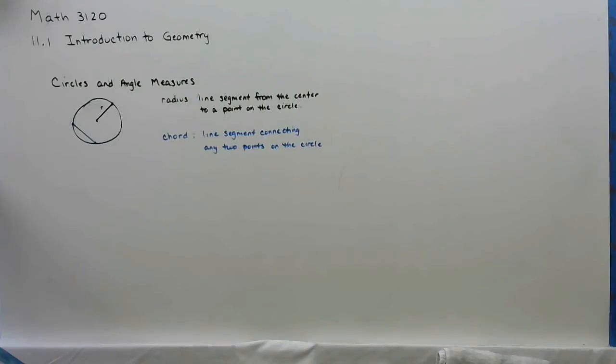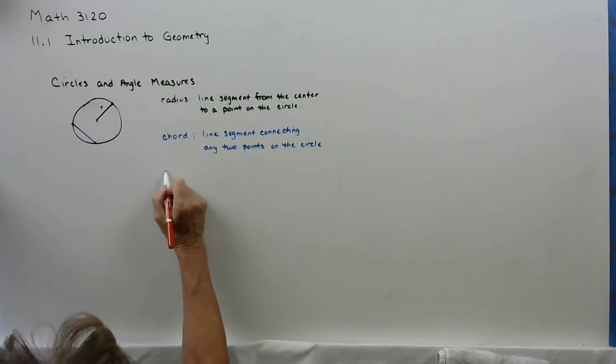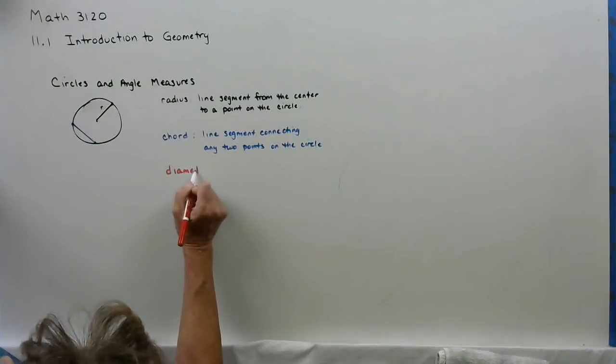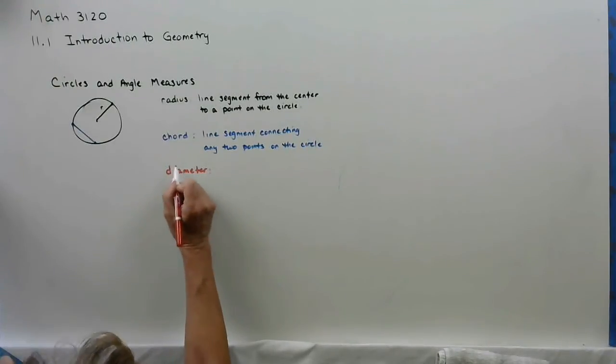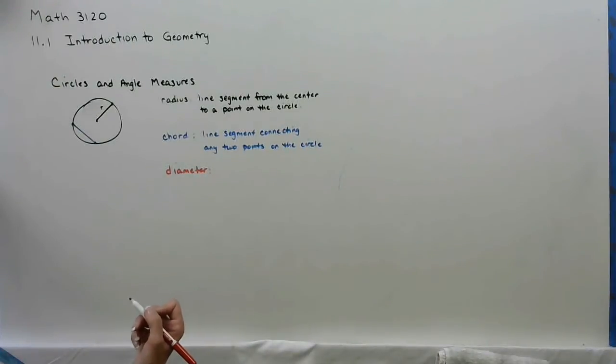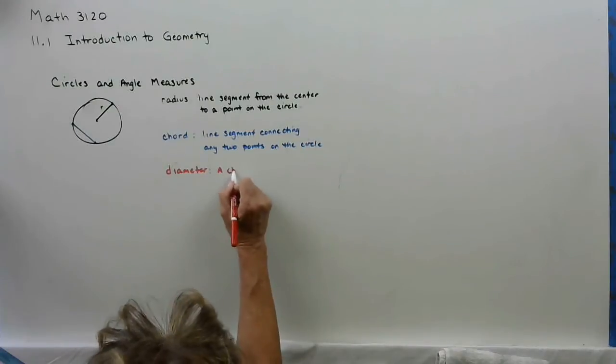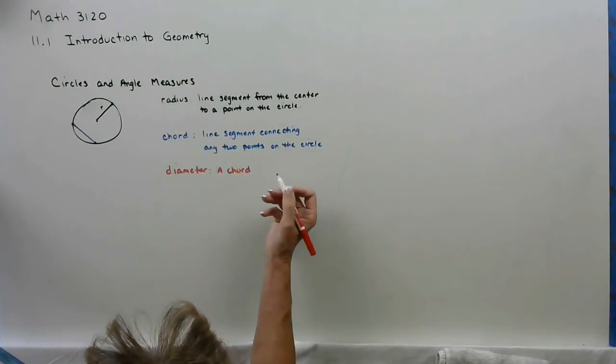Then we have what's called the diameter. So the diameter is the longest chord possible. It's the longest one. The diameter is a chord passing through the center.